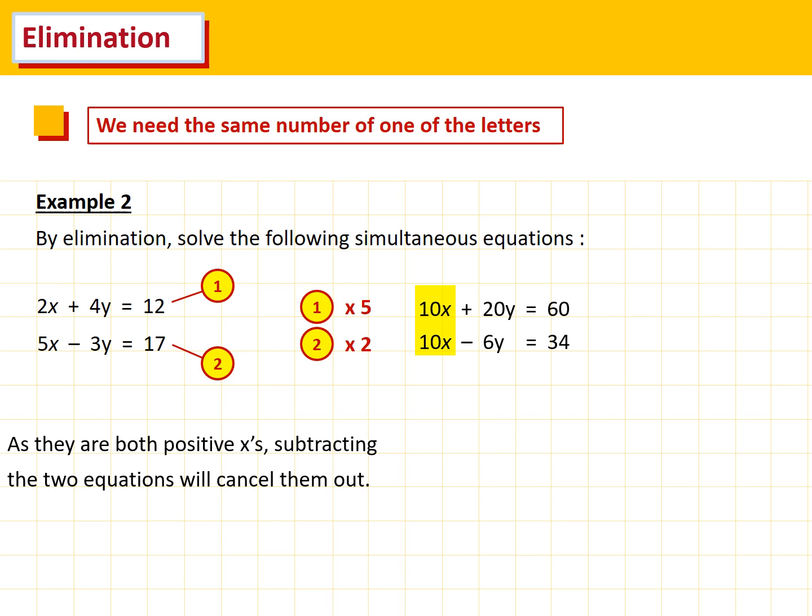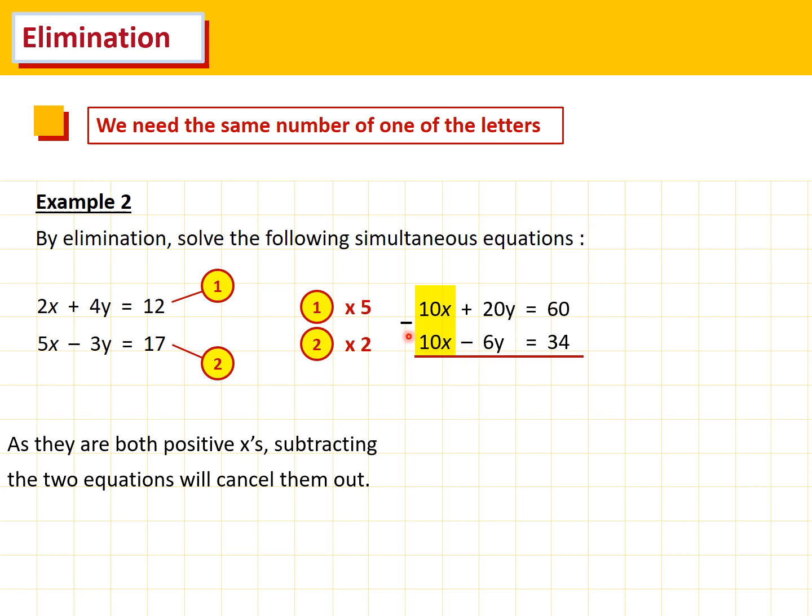We look at the x's, they're both positive 10x, i.e. the signs are the same. If they're the same, we subtract. And when we subtract those two equations, just be careful. 10x take away 10x, the x's cancel. But when we're subtracting the y term, we've got a subtract here and we've got a negative here.